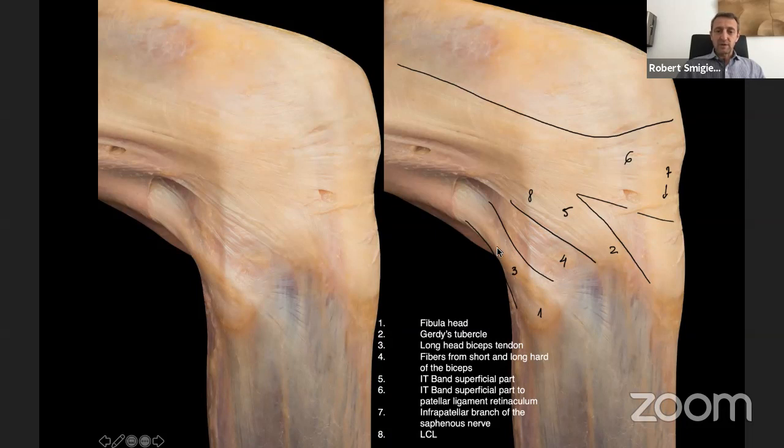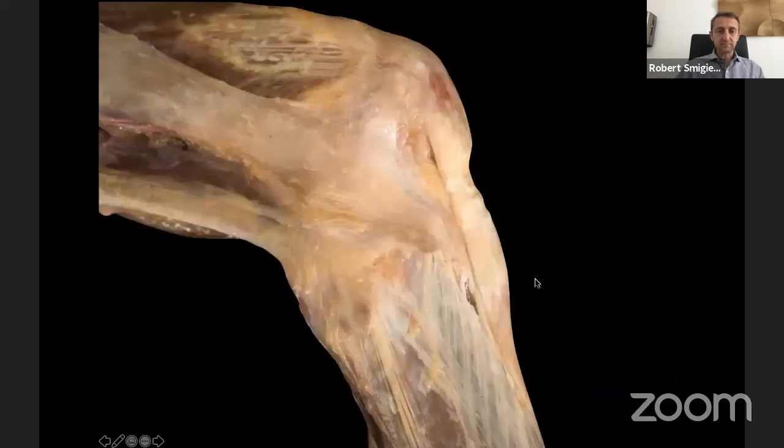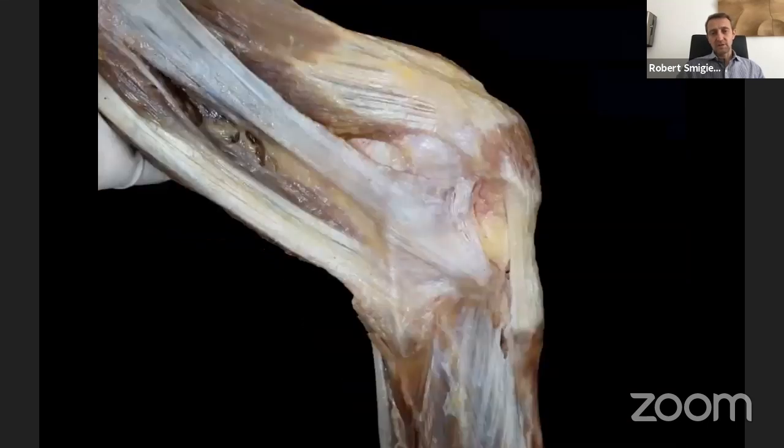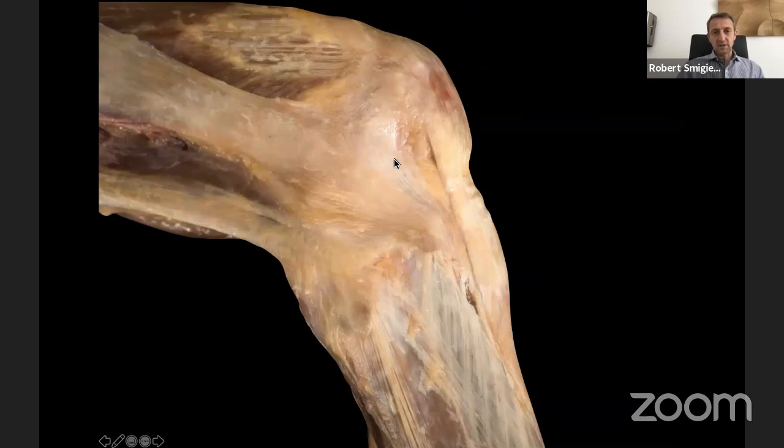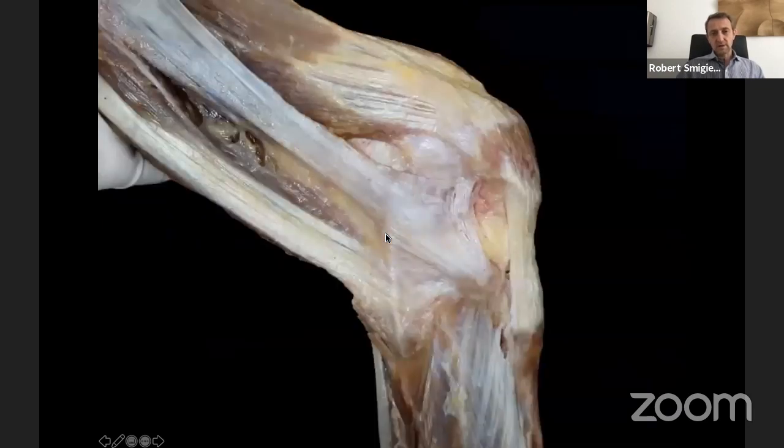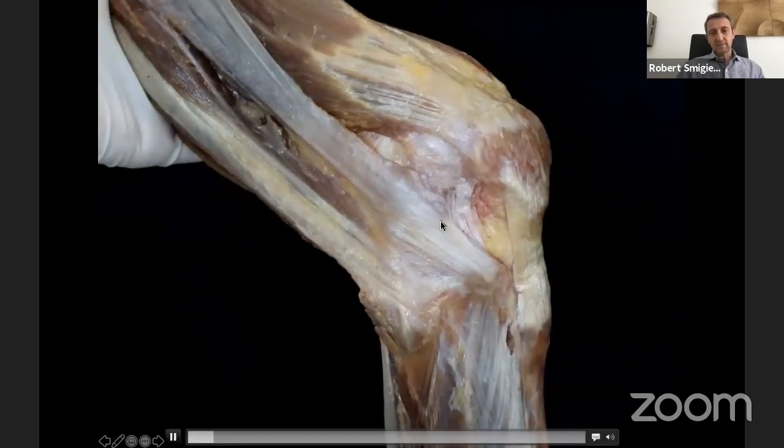We have 3, biceps femoris, 4, fibers from the short head of the biceps femoris, 5, the IT band superficial part, and 6, the fibers running across the patellar tendon. 7 is the nerve branch, and 8 you can see here. This is the LCL. What happened when we remove the superficial layer? You can see here we have this one, and then we have this.